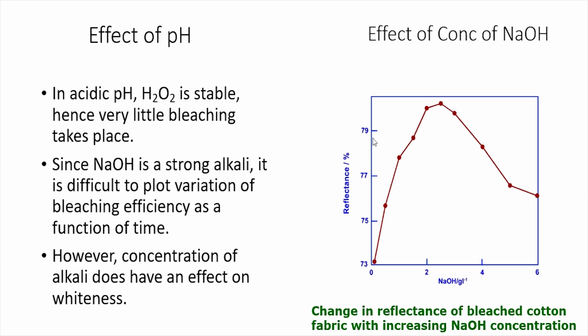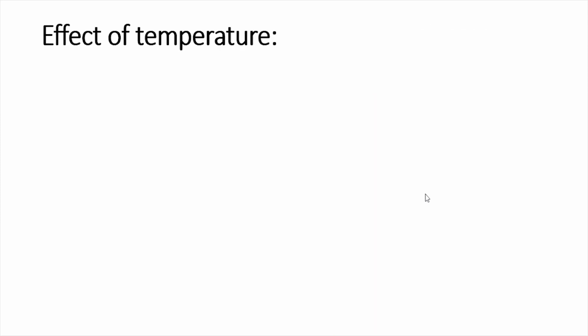And on the other hand, the concentration of sodium hydroxide doesn't have much influence on bleaching effects. So here the graph shows the effect of sodium hydroxide. When you increase the sodium hydroxide, it will increase the reflectance value to a maximum level. So the effective range is 2. After that, the reflectance value is decreased. So it doesn't influence much on reflectance.